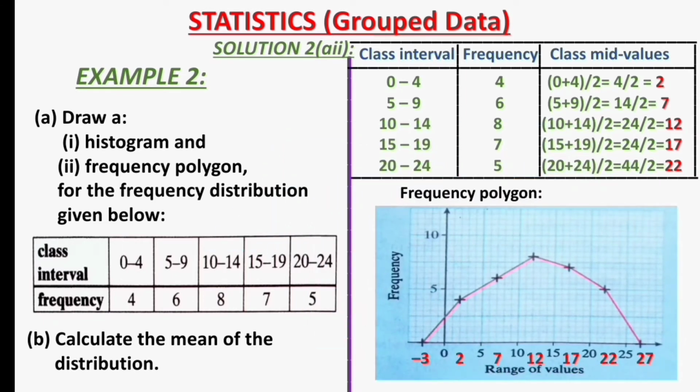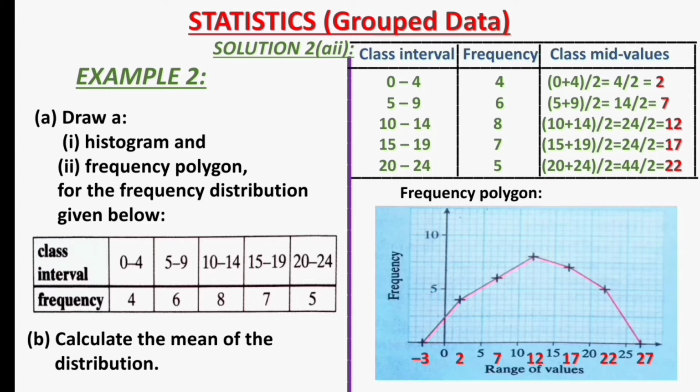This is the frequency polygon having the frequency on the vertical axis and the class mid values on the horizontal axis. We are plotting the class mid values against the frequency. So for the first class, we are plotting 2 against the frequency 4. For the second class, we are plotting 7 against the frequency 6, and so on.